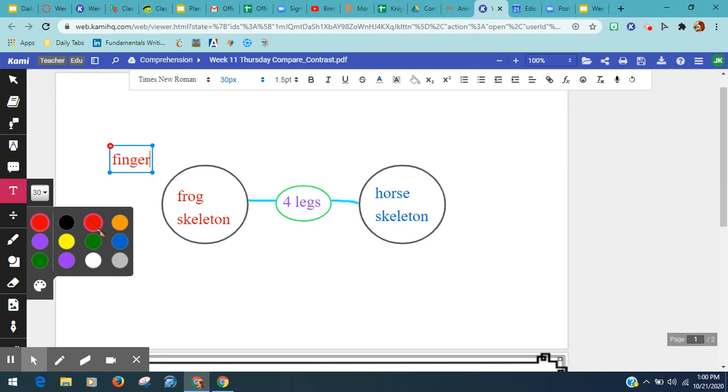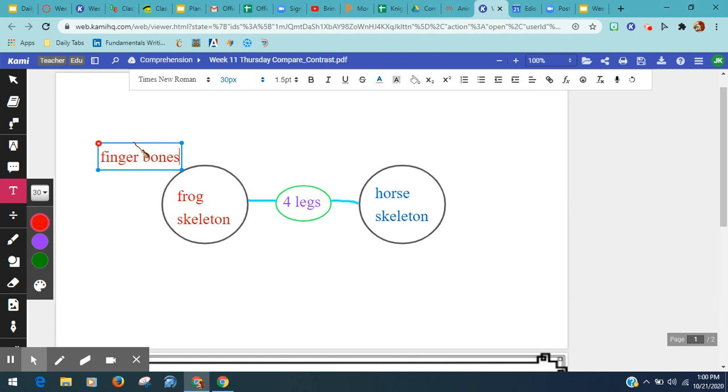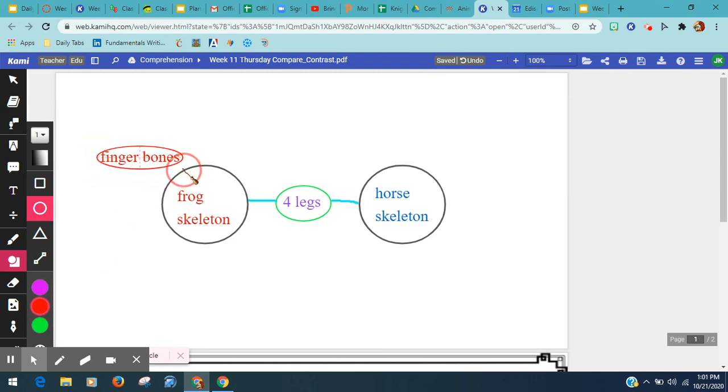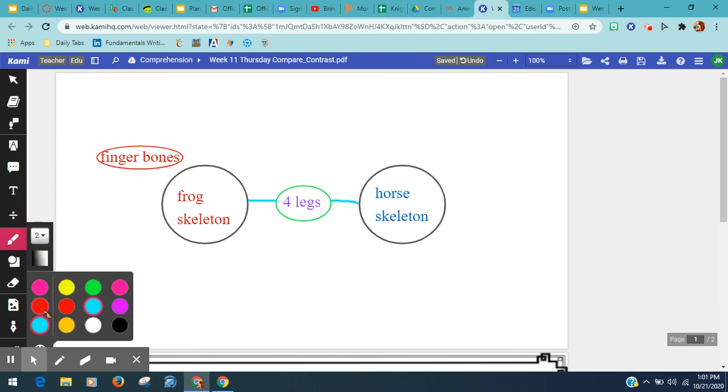Finger bones. Then I'm going to draw a circle or a bubble around it like that. And I'm going to draw a line that connects finger bones to the frog, not to the horse, because the horse did not have those. Only the frog did. Pause the video if you have to and catch up.